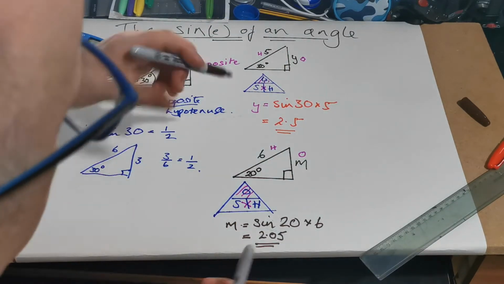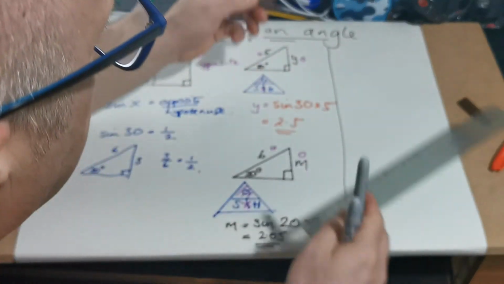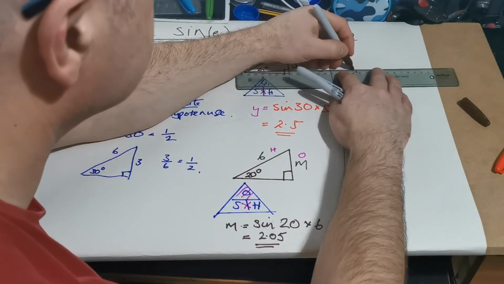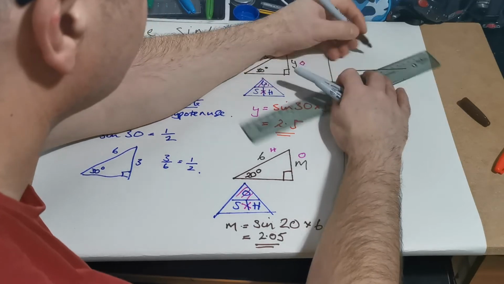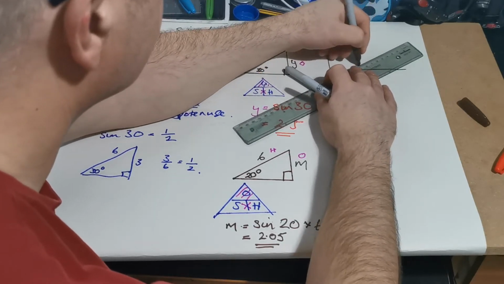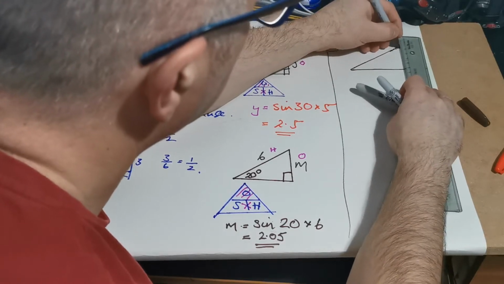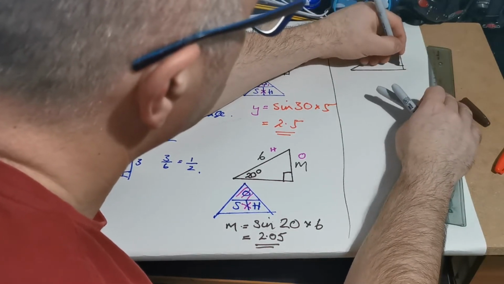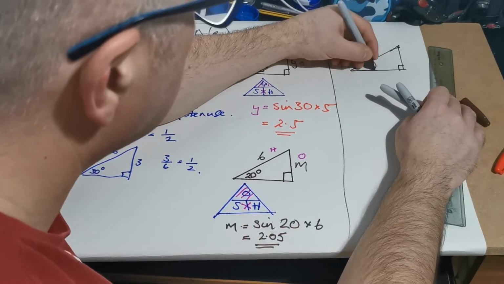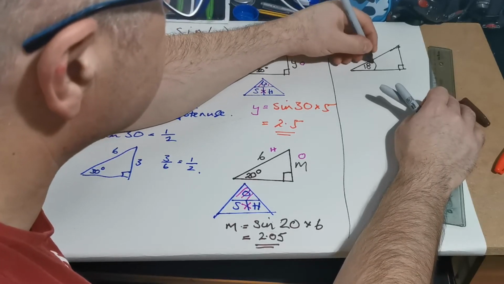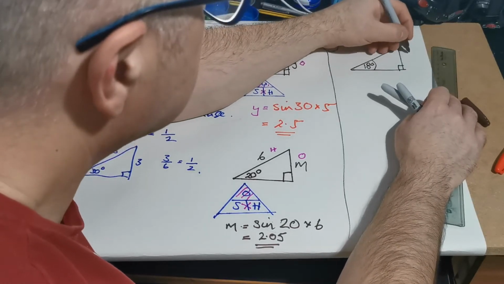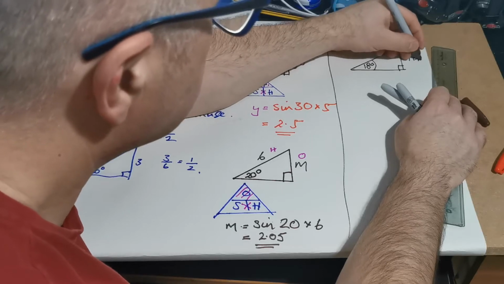So with these two, I found out the opposite. I think it's worth us looking at what would happen if I needed to find out the hypotenuse. Doing a right angle triangle, let's say this is 18 degrees. That is 9 centimetres.